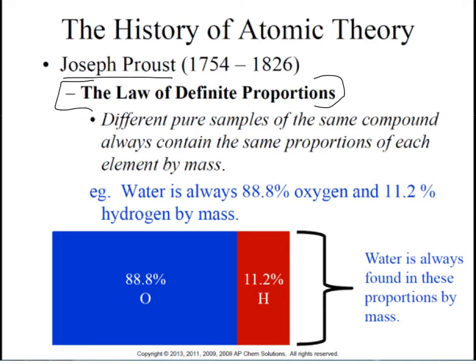So for example, we know that water is always this proportion here, 88% oxygen and 11.2% hydrogen by mass. And he found that no matter where he got his pure sample of water from. This means that compounds are always made up of the same proportions if they are the same compound.